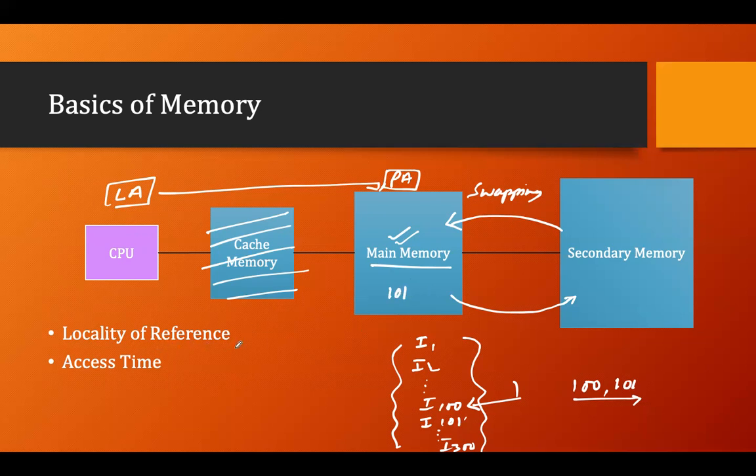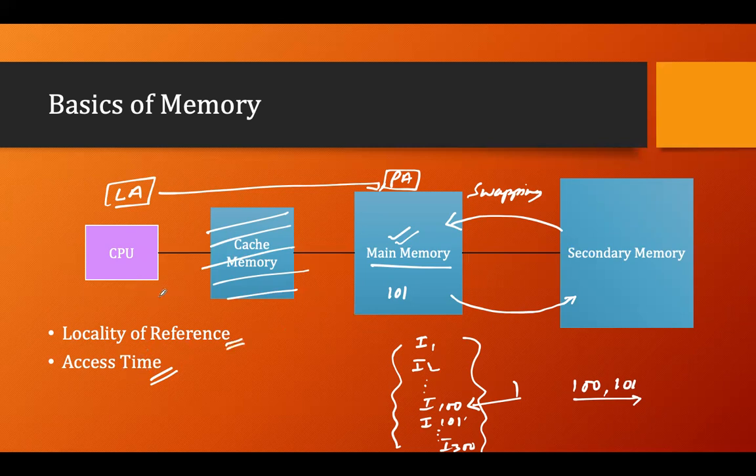With the help of the concept of locality of reference, we can predict those instructions which are required by the CPU in the future, and we can put them in the main memory so that the access time is reduced. So we keep those data which are required by the CPU, predicted using locality of reference, so that the access time will be reduced.